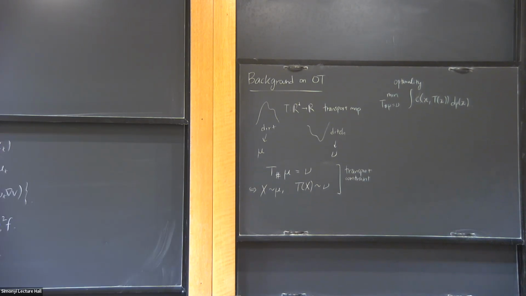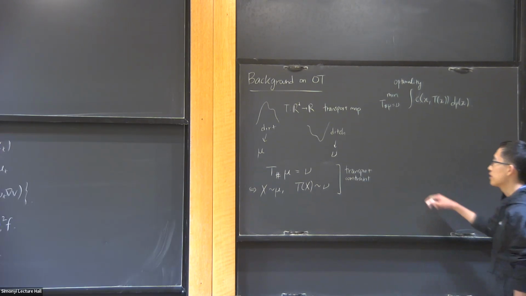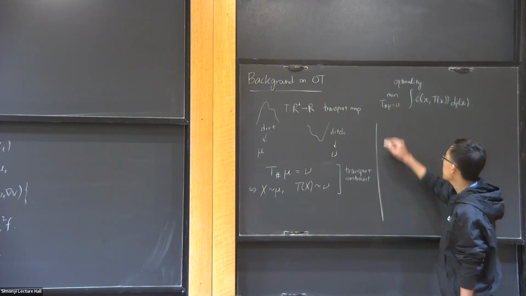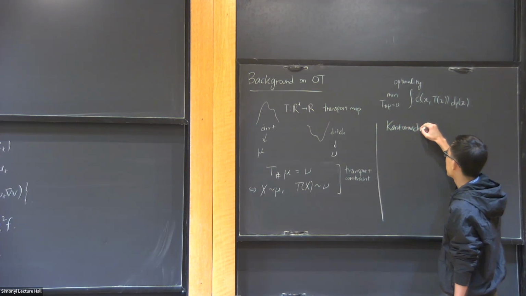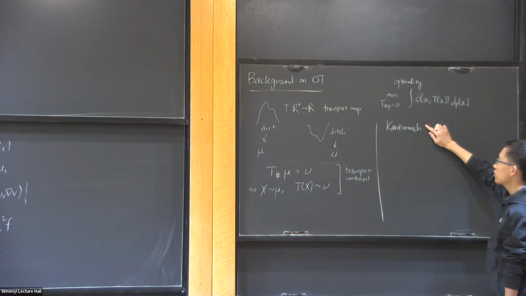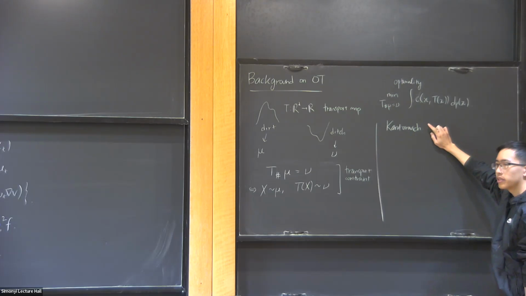Okay, so this is optimal transport. Monge formulated this in the 18th century or something like that, but there was not much mathematical progress on this for a long, long time until Kantorovich in the 20th century. And Kantorovich made a big breakthrough on this problem. The story of this is really the birth of linear programming.